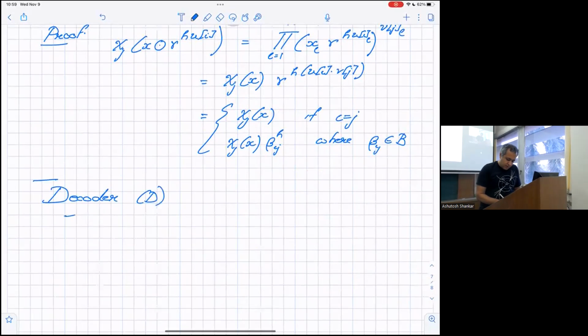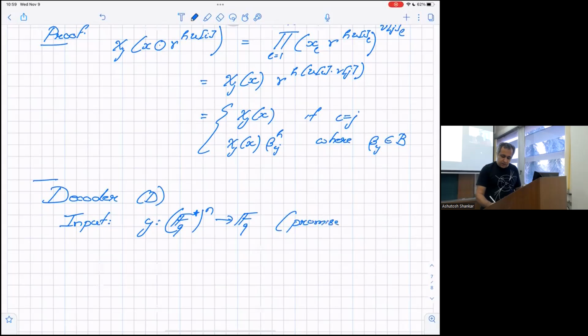You're given the input y going from F_q star n to F_q, with the promise that there exists an a in F_q to the k such that delta of y and C_MV of a is less than capital N by 3L plus 1.